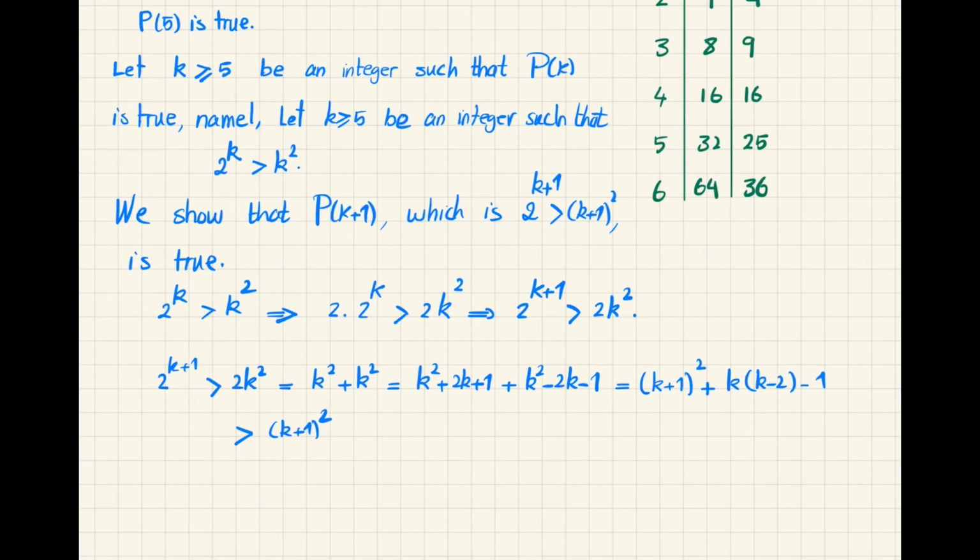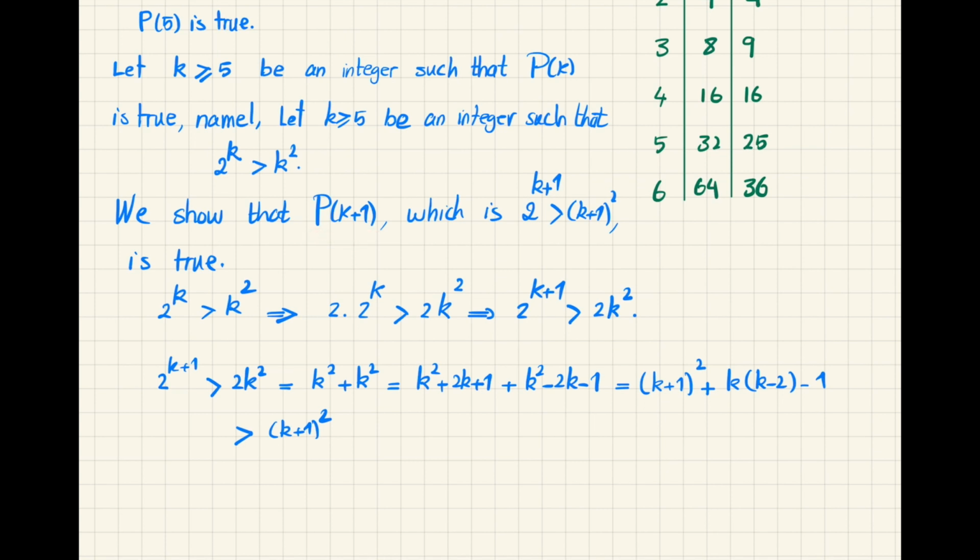Okay, so now we were able to show that p of 5 is true. We assumed that k is an integer greater than or equal to 5, and then we showed that the truth of p of k implies the truth of p of k plus 1.